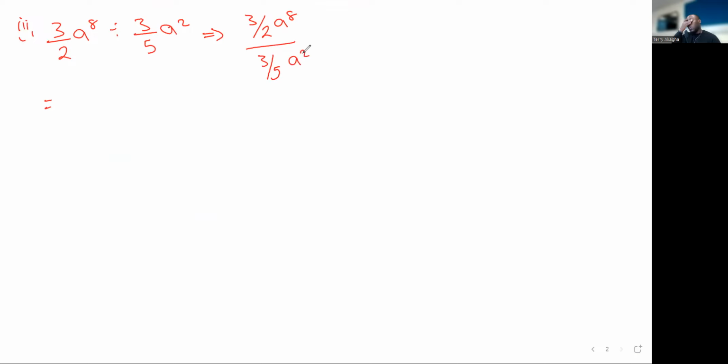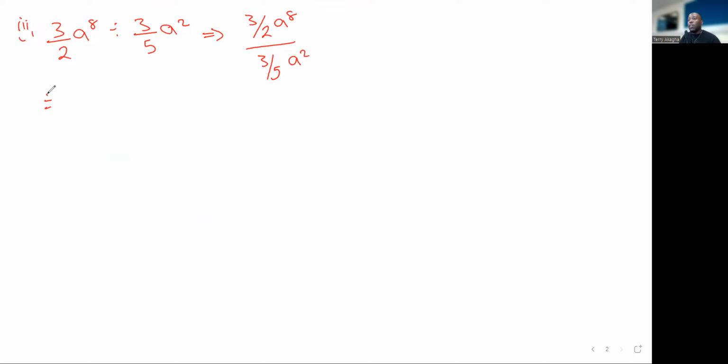So we can pick more examples to try. Let's say we have this example here: 3 over 2 a raised to power 8 divided by 3 over 5 a raised to power 2.